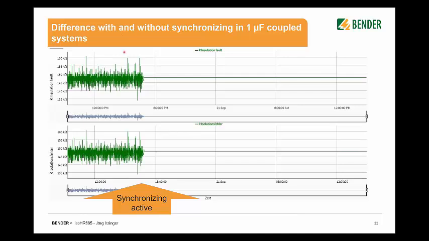If you monitor a system without isoSync, you see a lot of influences through the AMP principle, and at this point we activate the isoSync principle, and then you have a flat line and no influences from another IMD. That was the functionality of the synchronization to monitor long parallel cables.